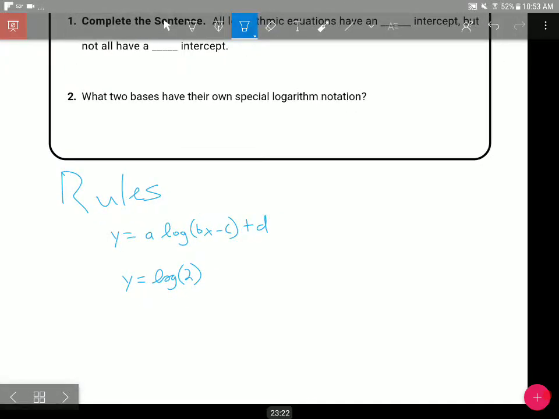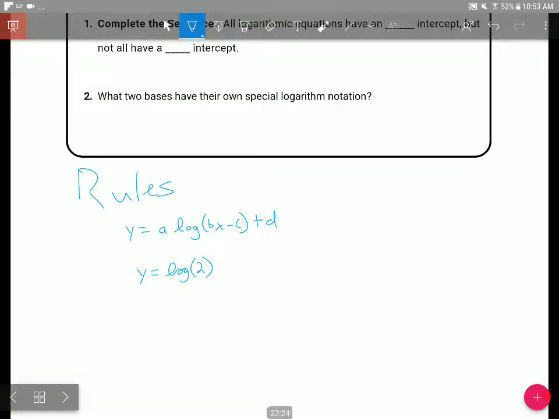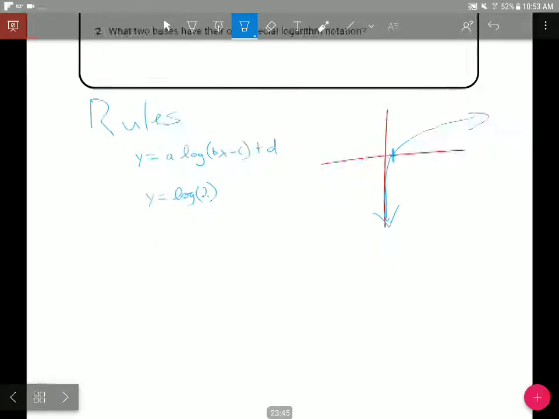And this is what they look like. If I have my x and y axis, they look like this. It comes right up on that axis, comes across right there, and goes on forever. That's what they look like. Cool? So we just need to give you the rules. So let's write those down.